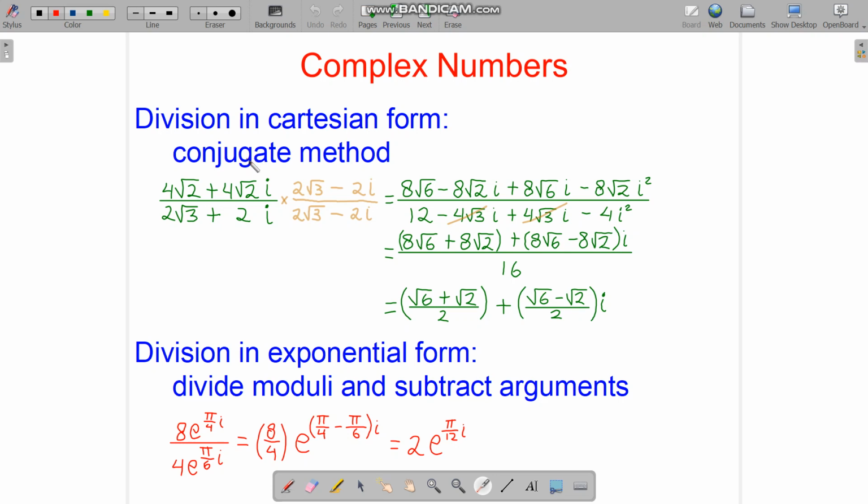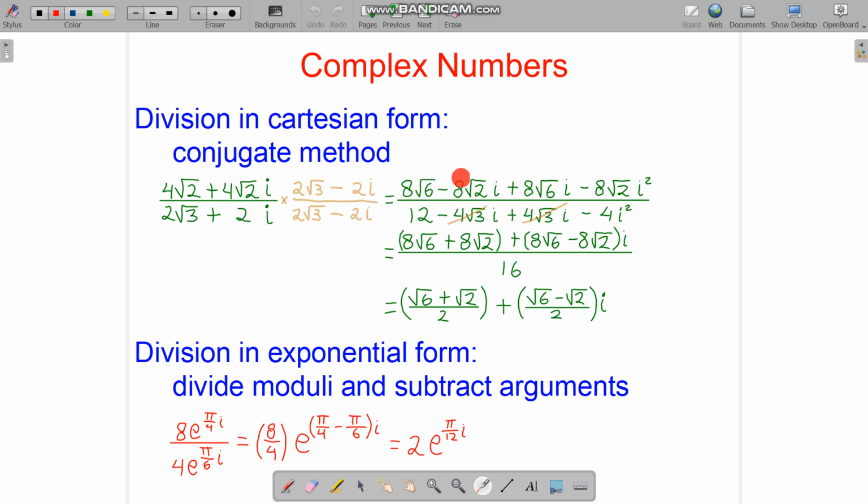Division in Cartesian form, we use the conjugate method, which is similar to rationalizing the denominator. So here we have 2 root 3 plus 2i. The complex conjugate is 2 root 3 minus 2i, because when we multiply the denominators, we will cancel out the i in the end. So here we just use the rainbow method.